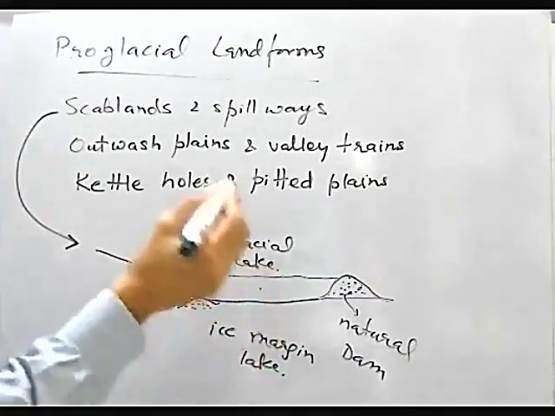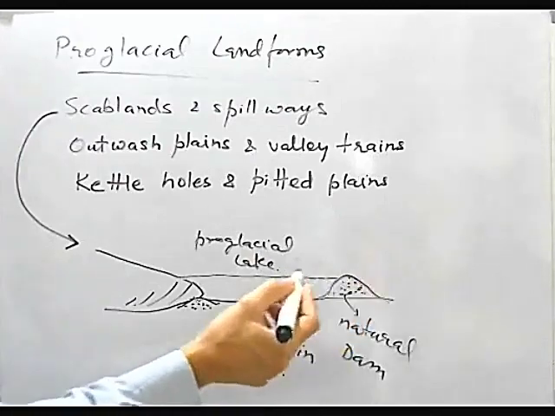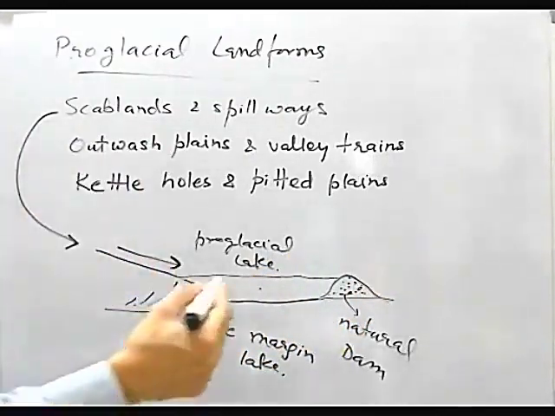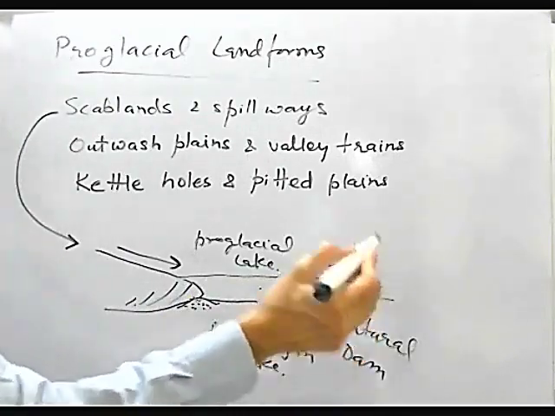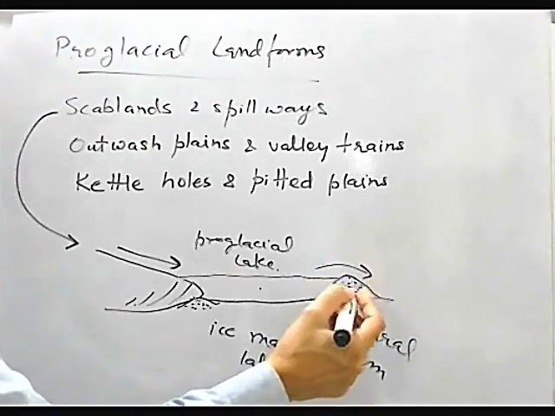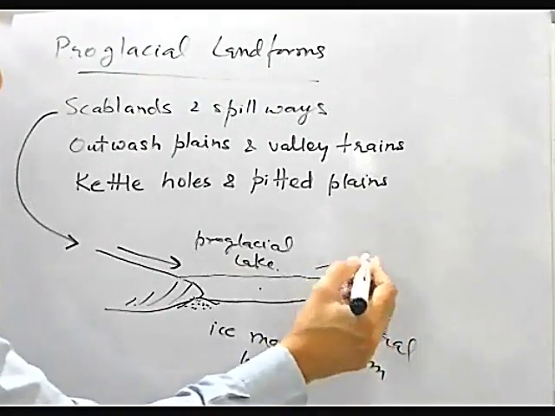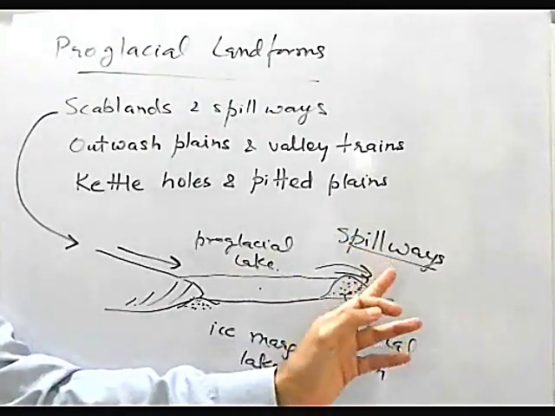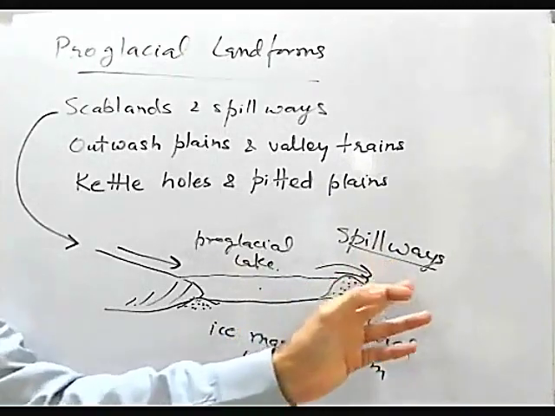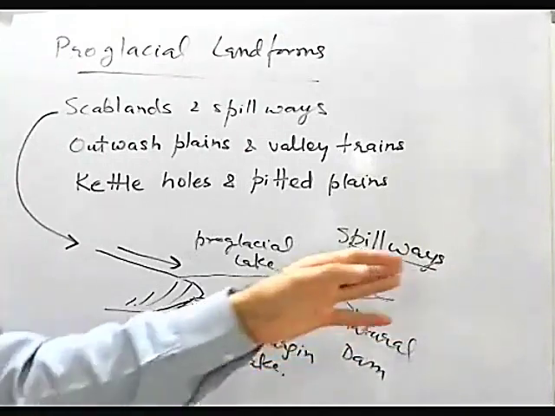Now this lake water during summers has to move out because the meltwater is coming from the glacial side. So obviously the water has to move out to keep the balance. So this water might move over the morainic surface and it will create spillways. These are simply channels that will drain the excess water from this ice margin lake outwards into the outwash plains.